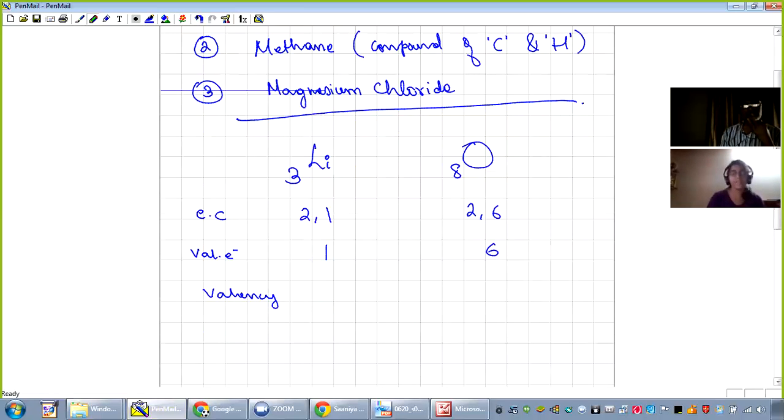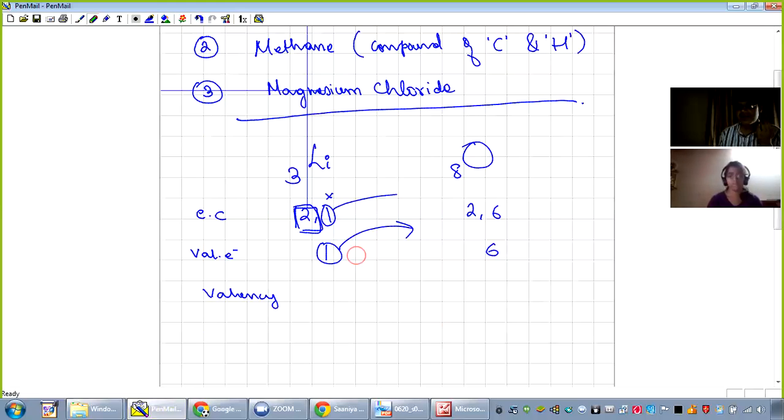They need 7 more. In this case, what is going to happen? It will just give away this one electron. Nobody will be able to give 7 electrons to somebody. Rather, it will be easier to just get rid of this last electron. This orbit will be full because then this is going to become the first and the last orbit.